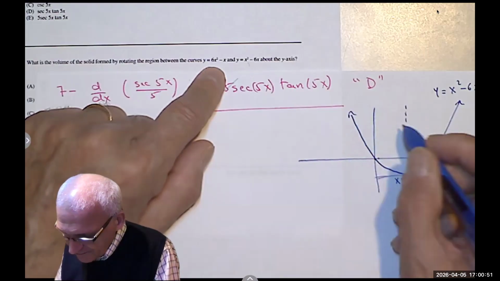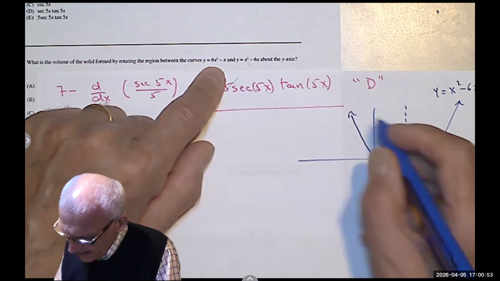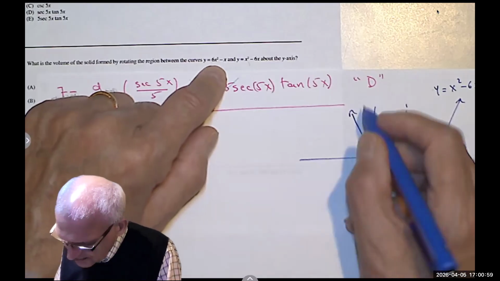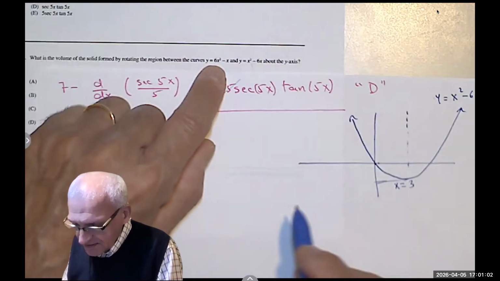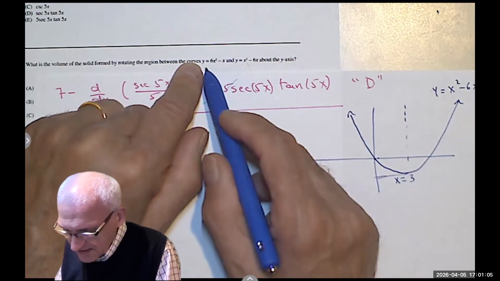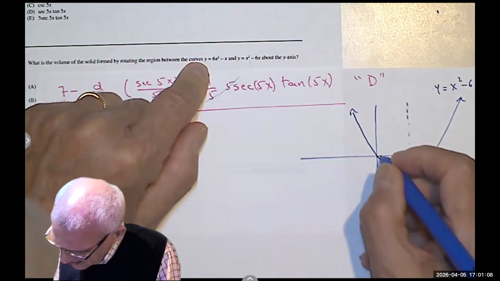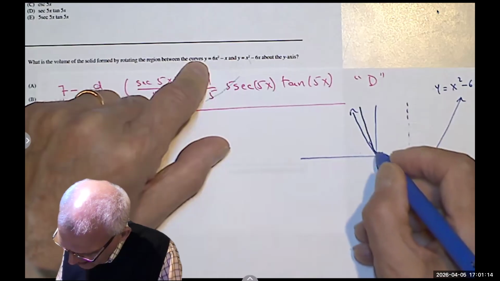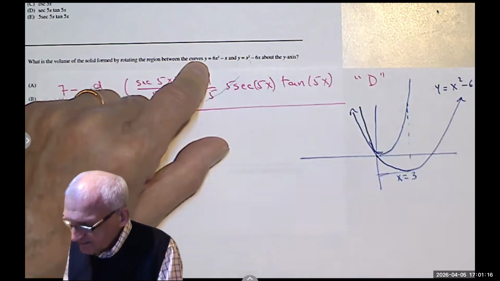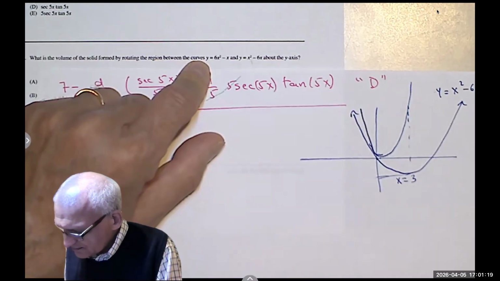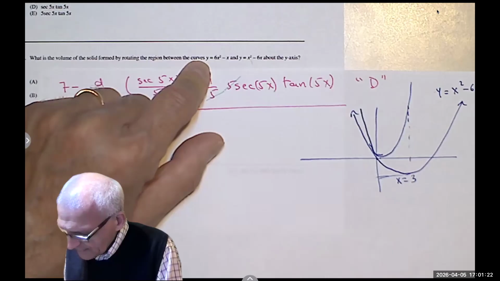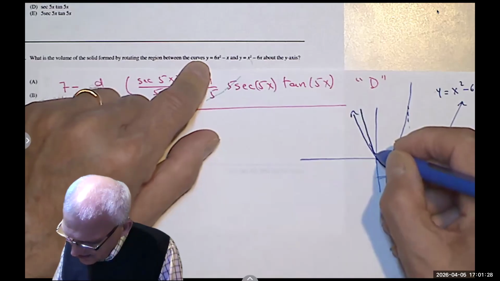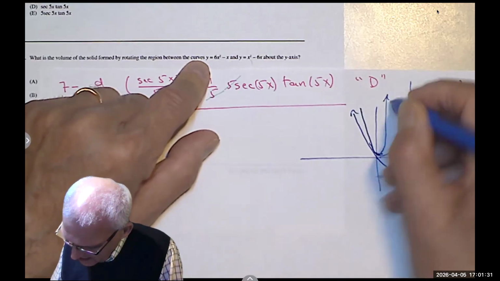If x is 0, y is 0, and this is even, it's 1/12, so it's going to be very narrow.